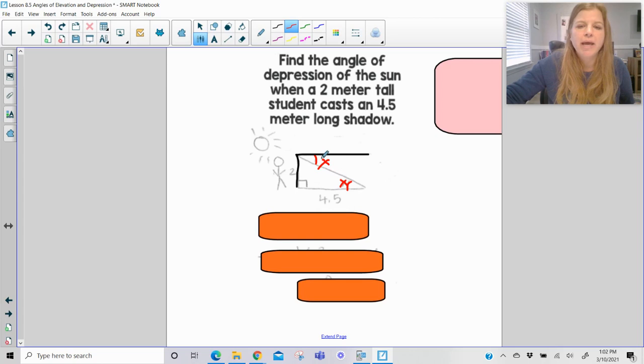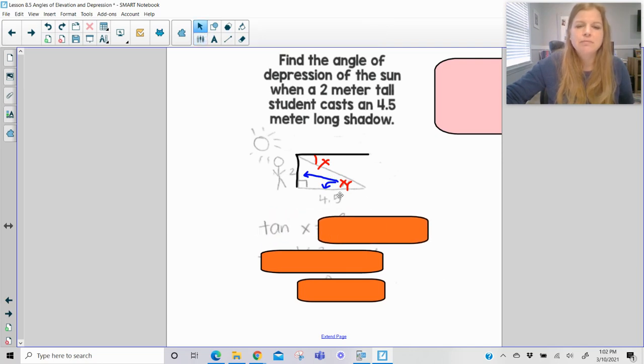And now looking at what we have, if I want to solve for my angle, I would say, okay, well, from the angle I need to solve, I do have an opposite and I do have an adjacent, which means, again, I'm still using tan. So what I'm going to say is, okay, well, tan of x is going to be equal to 2 over 4.5.